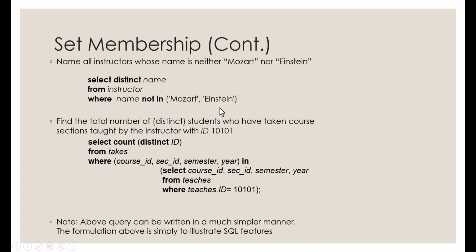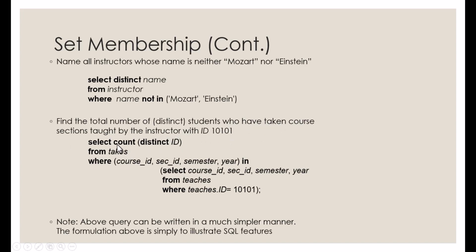Find the total number of distinct students. If you are looking at the total number of something, that's going to be a count. Okay? Aggregate function count distinct ID, who have taken course sections taught by the instructor with ID 10101, right?